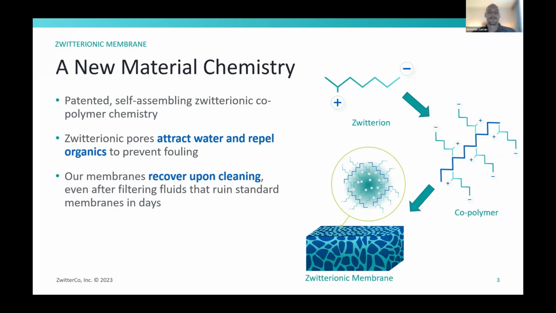So because of the Zwitter ions and the way they self-assemble for the active layer of the membrane, our membranes have an unprecedented ability to recover upon cleaning. So we just do simple cleanings with water flushes, caustic, bleach, sometimes an acid, and they're able to recover to full performance on digestate. And I have some data that I'll show you towards the end of this presentation about that.